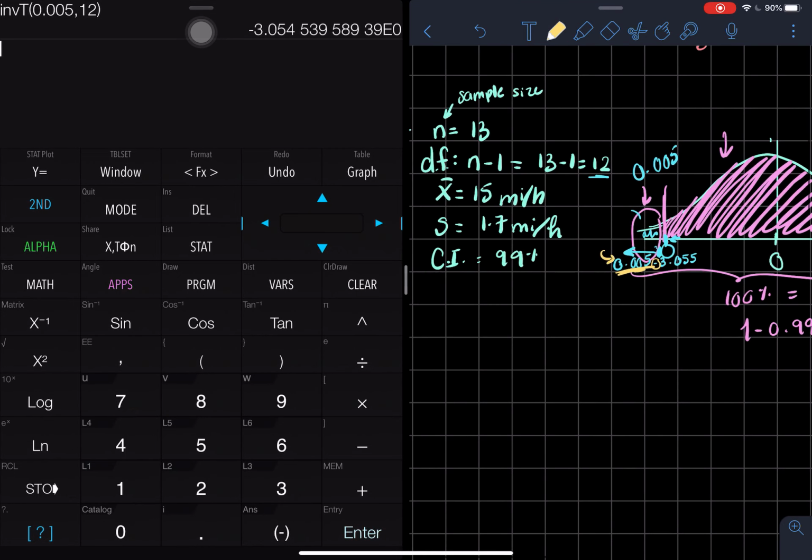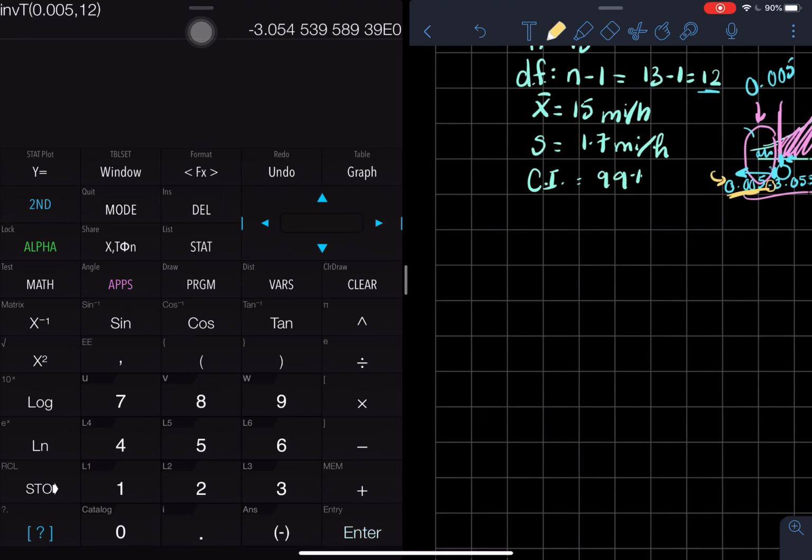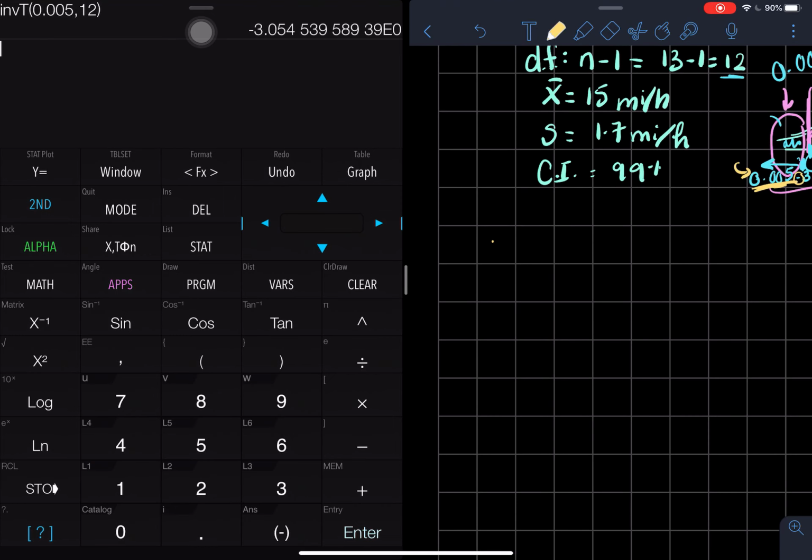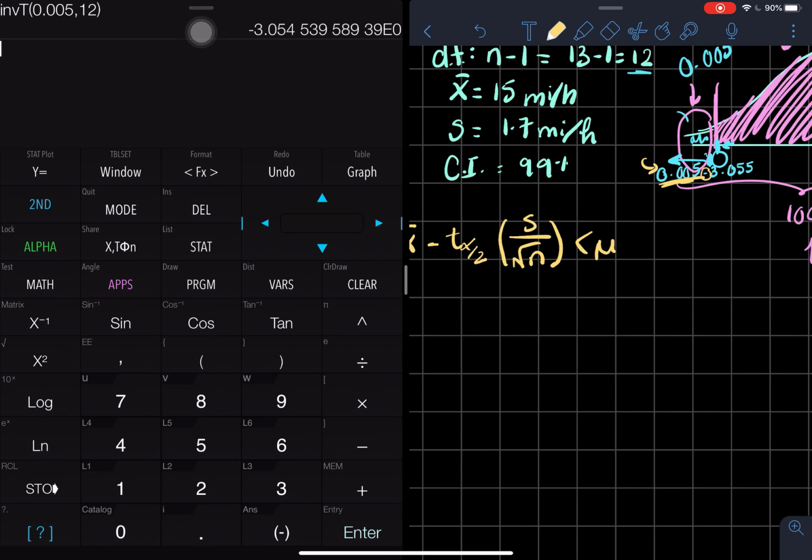Now I can move on and actually write out my confidence interval. Let's remember the equation. It's going to be my sample mean minus t alpha over 2, which is what we just found, my t-score, times my standard deviation divided by the square root of n, and then my mu, and then x bar plus t alpha over 2.